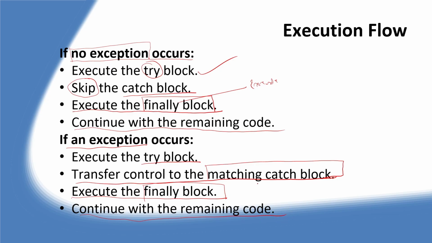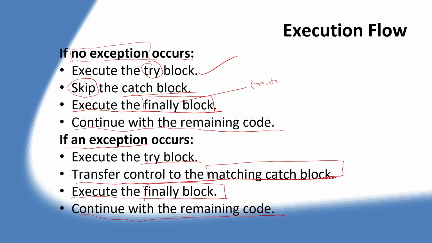So this is the execution flow. We have to keep in mind, whether an exception is occurring or not, the finally block executes before the program moves to the next statement after the try catch finally block. The finally block will always execute.